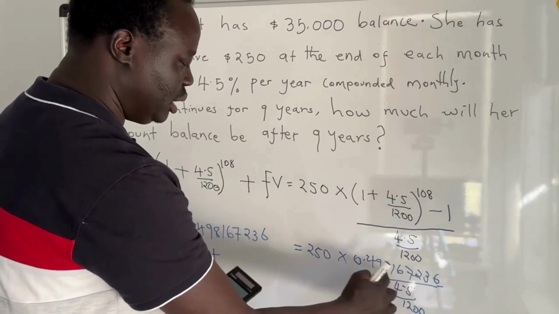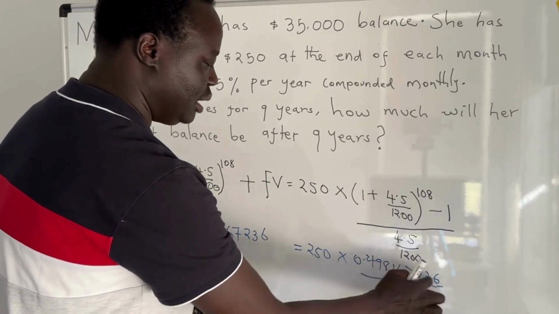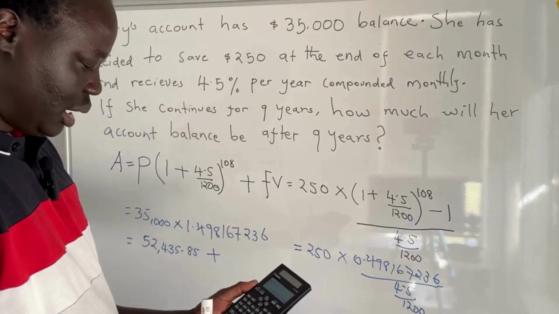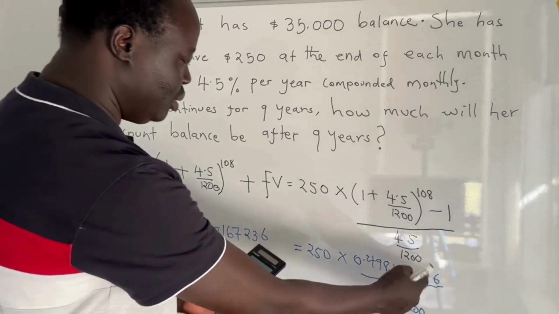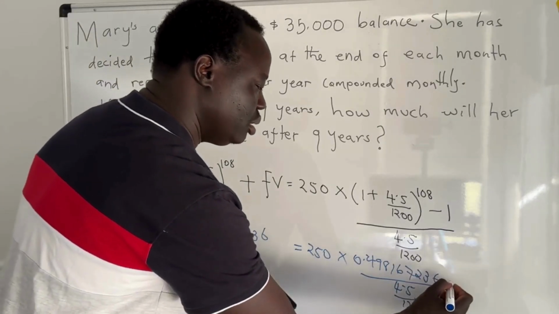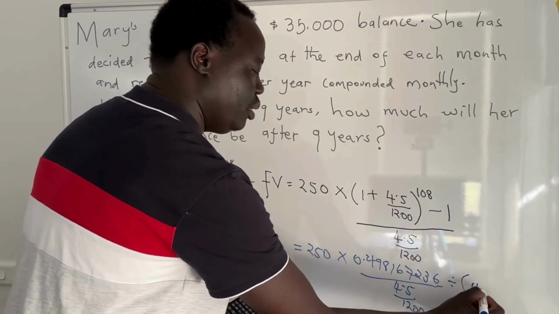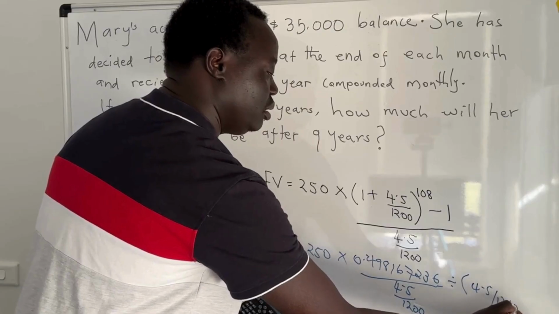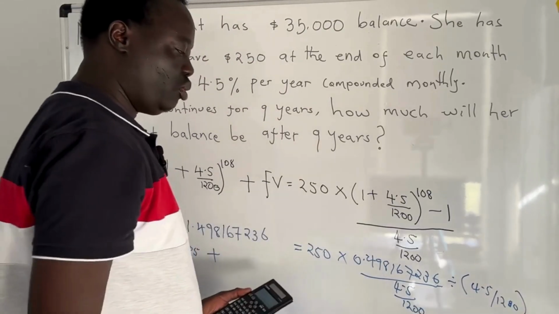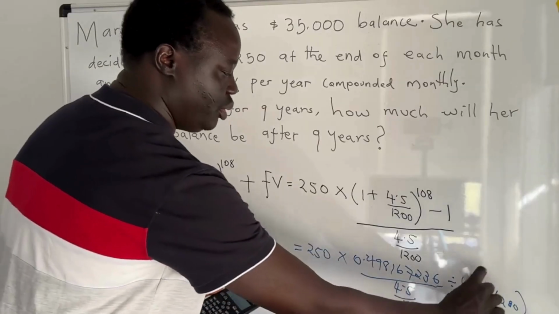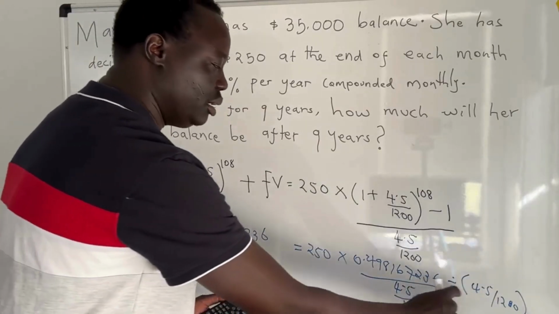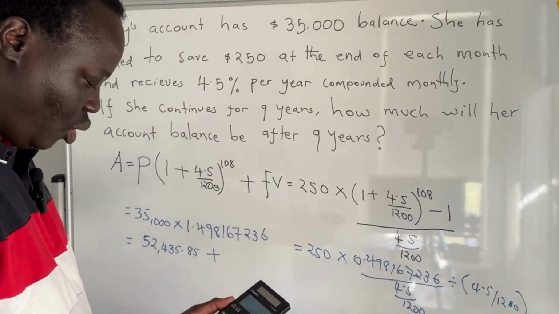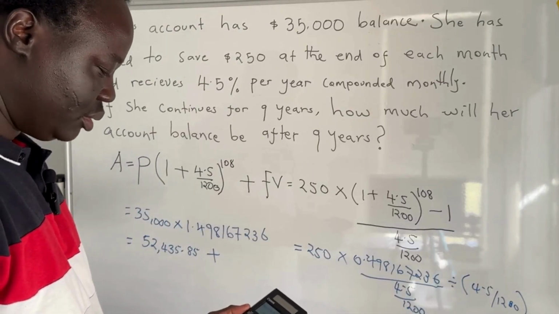So what you will do, you divide this number by this number before you multiply by this. So you say divide that, and make sure you get 4.5 over 1200. When you put it in a calculator, make sure it is like this. You say 4.5 divided by 1200.